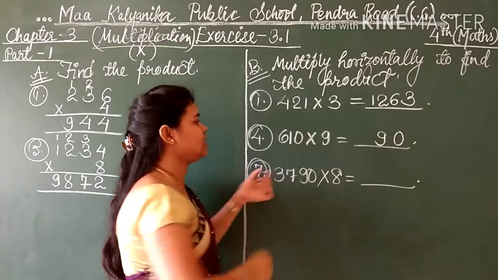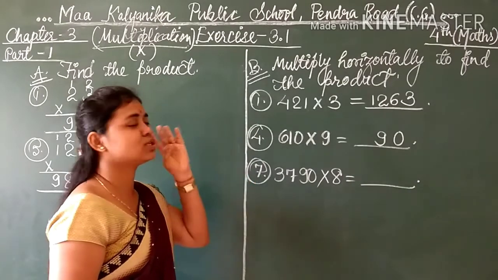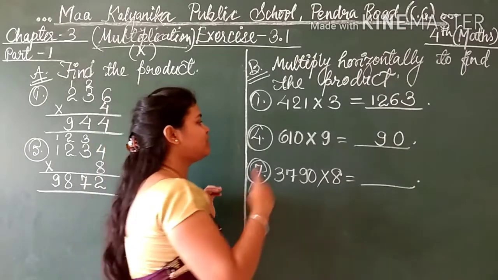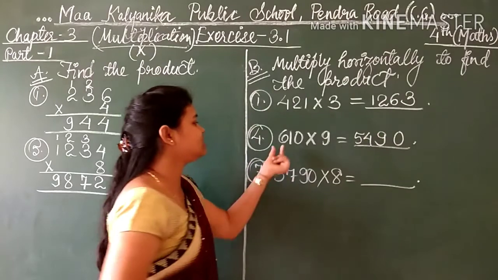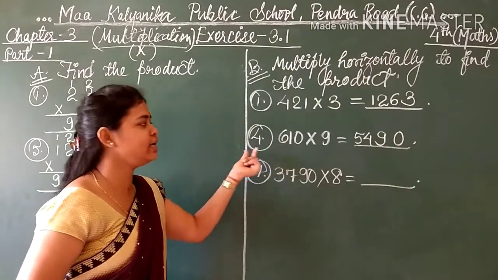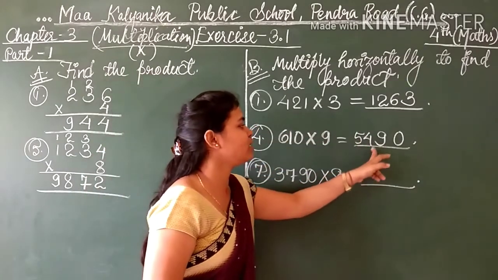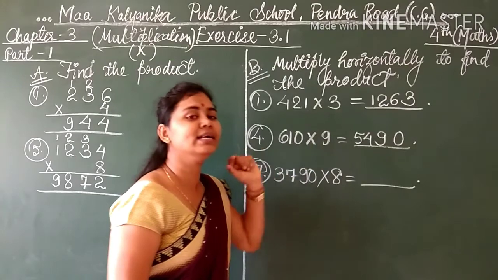Then 9 sixes are... 9 ones are 9, 9 twos are 18, 9 threes are 27, 9 fours are 36, 9 fives are 45, and 9 sixes are 54. So directly 54 we will write. Why? Because after 6 no other number is there. So 5490 is the product of 610 and 9.